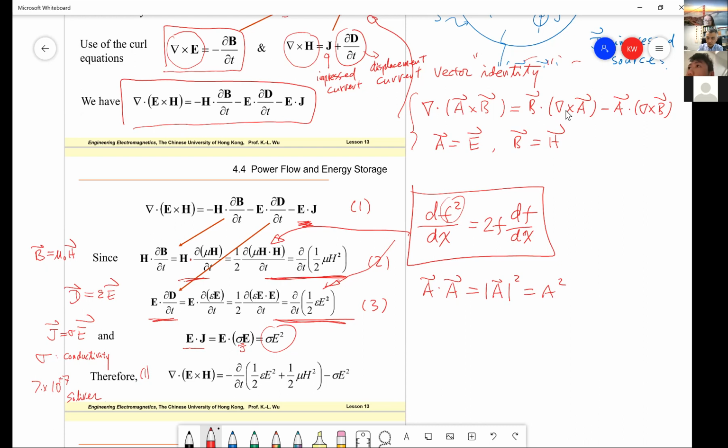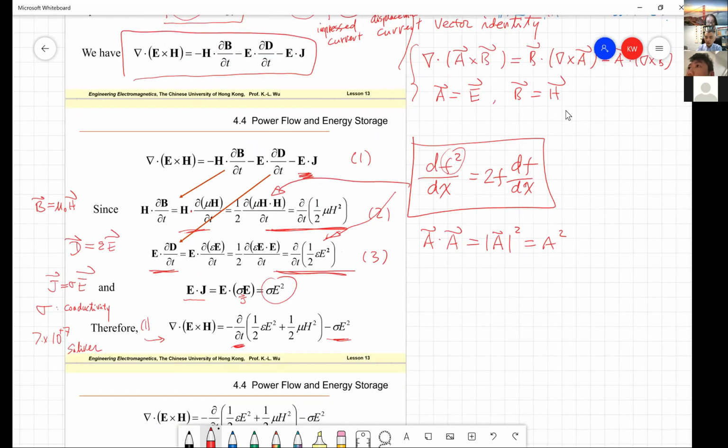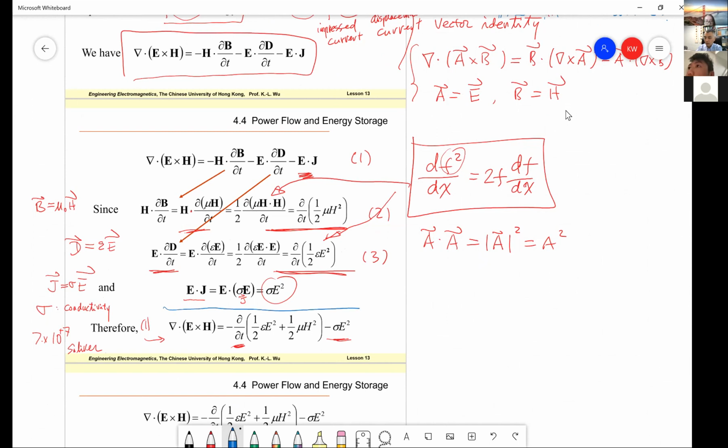Now equation 1 becomes this. The first two terms are related to the time derivative, and the last term is copied here. So this is a very important relation of the electromagnetic wave at any point. In this case, the current J is no longer an impressed current.